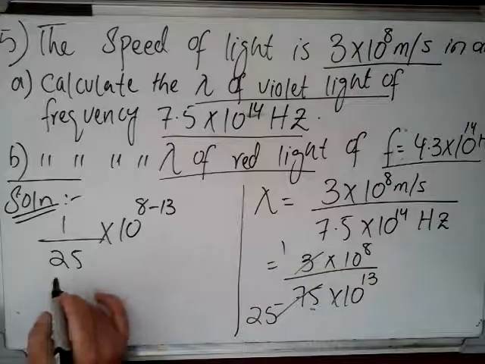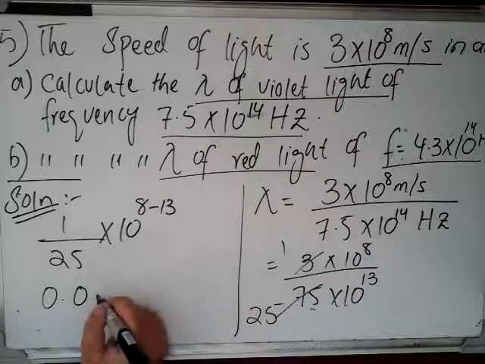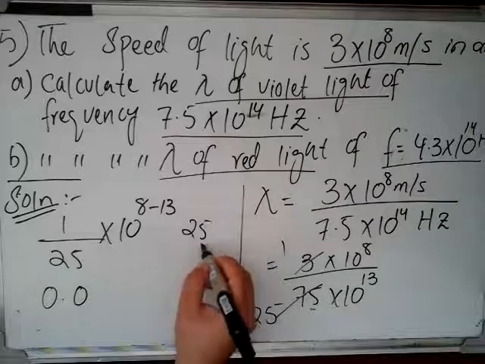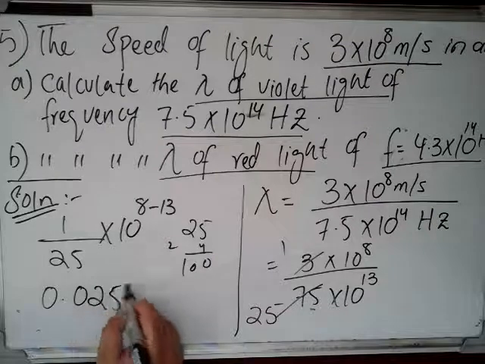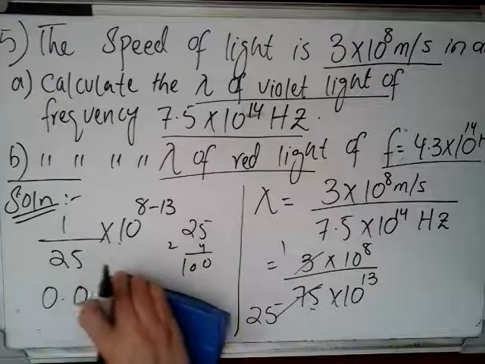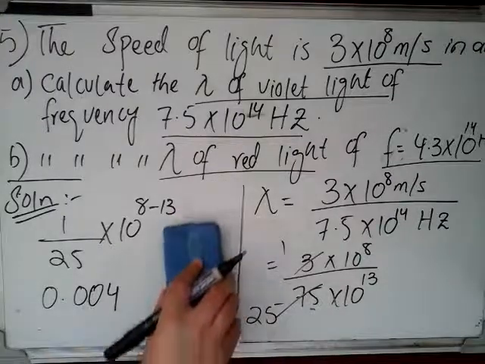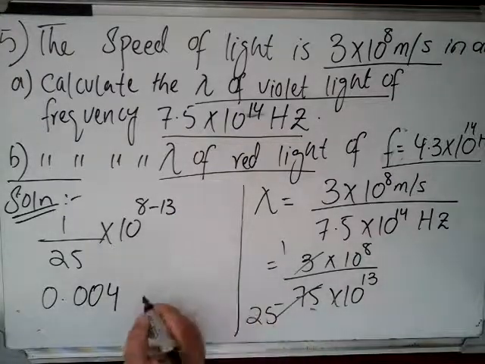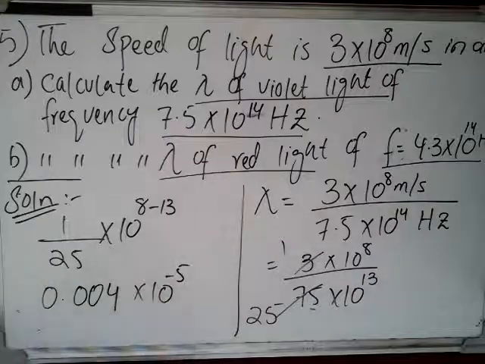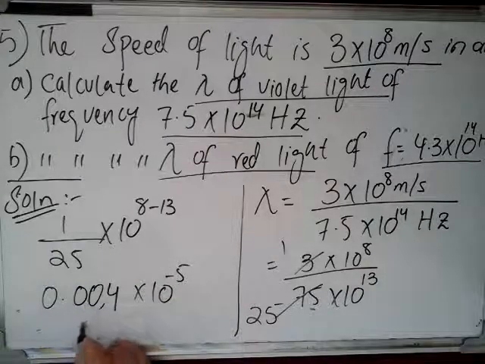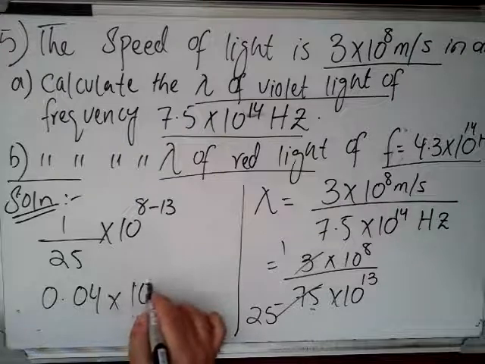So 1 divided by 25 comes 0.04, into 10 raised to power 8 minus 13, that is minus 5. So 0.04 into 10 raised to power minus 5.